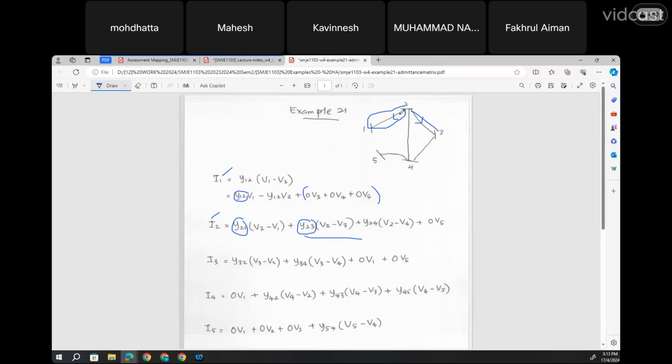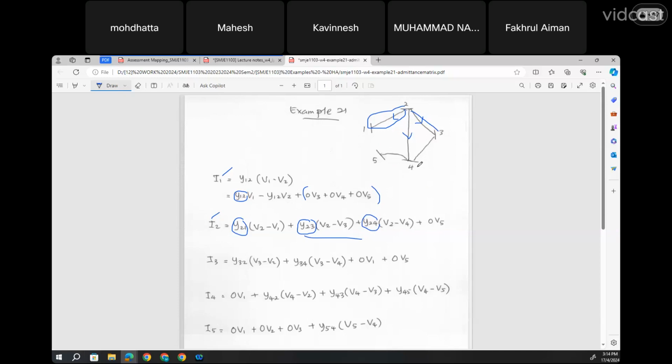Okay. The last connection will be from 2 to 4. We have current flowing in this direction. V2 minus V4 is the voltage difference, and also the impedance, not impedance, admittance connecting from 2 to 4, it's Y24. And again, Y24 is the same as Y42, the same value.